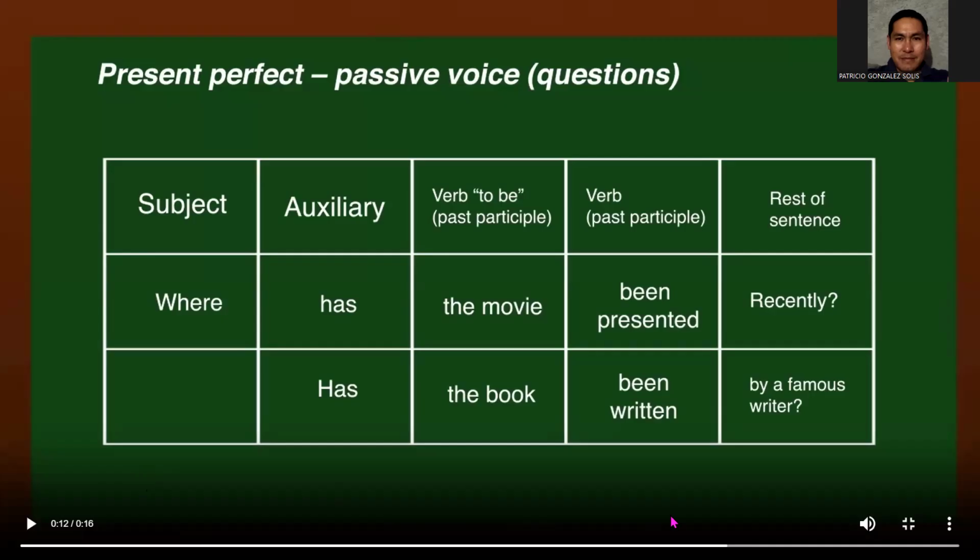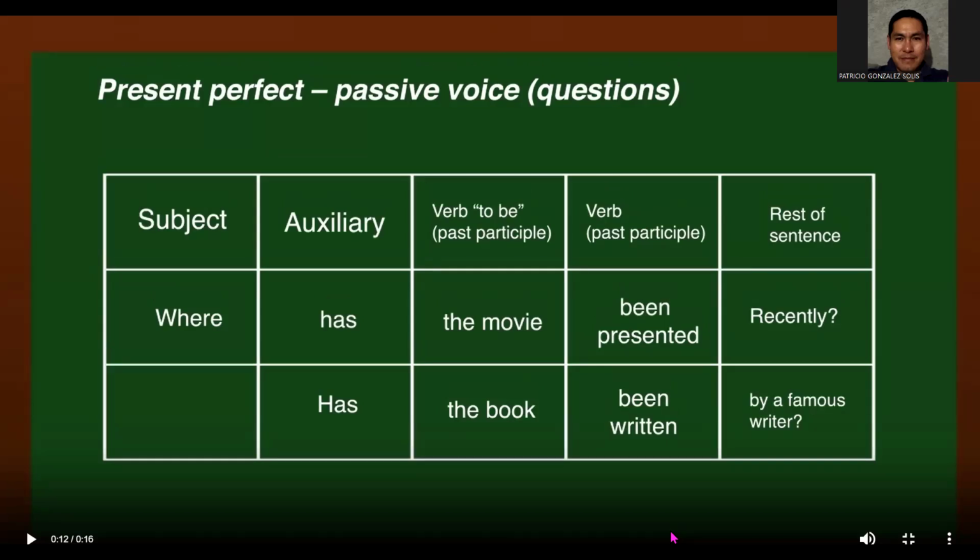Now, specific and confirmation questions. My dear Ellie, are you there? Yes, teacher. Could you read both examples, the first with WH and the second with yes, no?